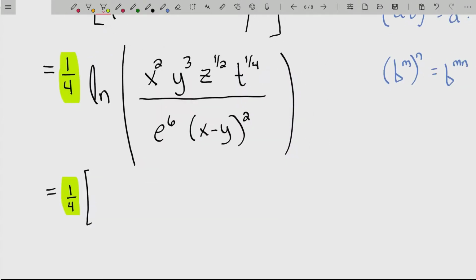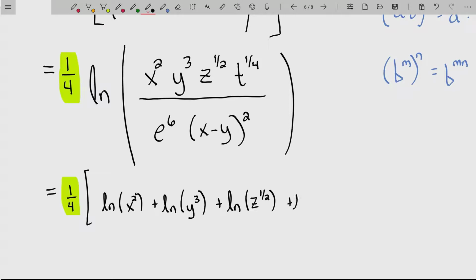Let's go ahead and write out the bunch of stuff part. With the natural log of x squared plus the natural log of y cubed plus the natural log of z to the 1/2 plus the natural log of t to the 1/4. And now we'll switch to the denominator.